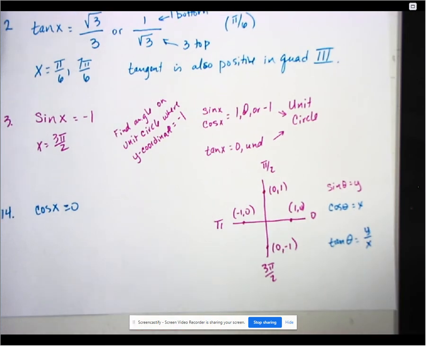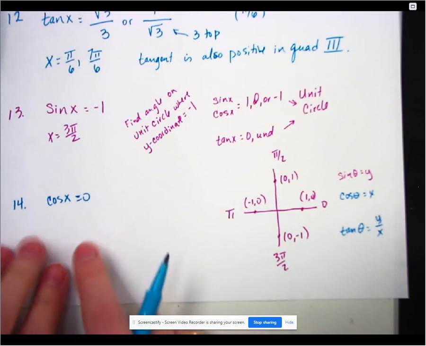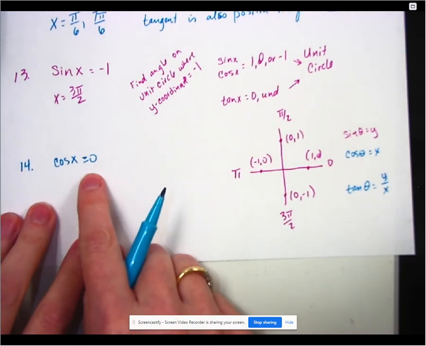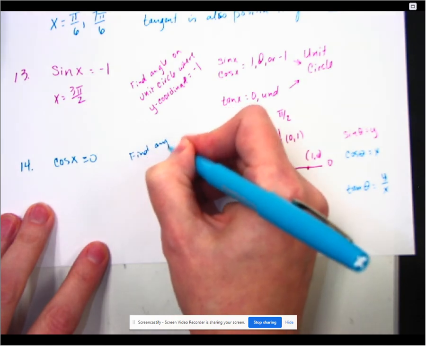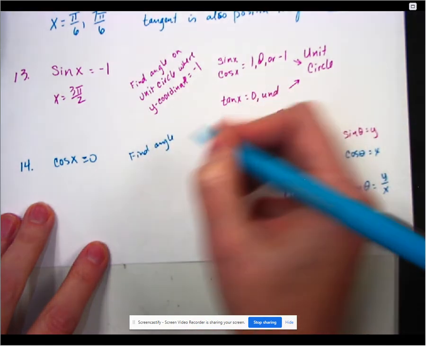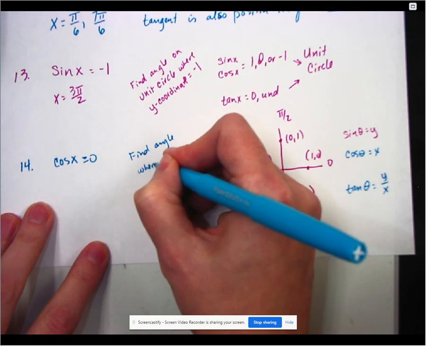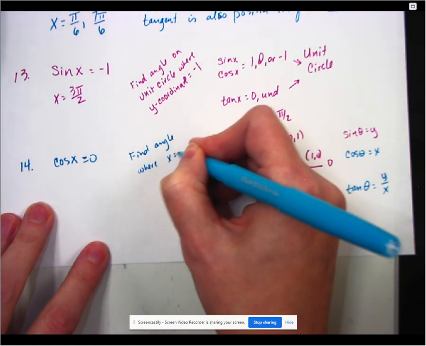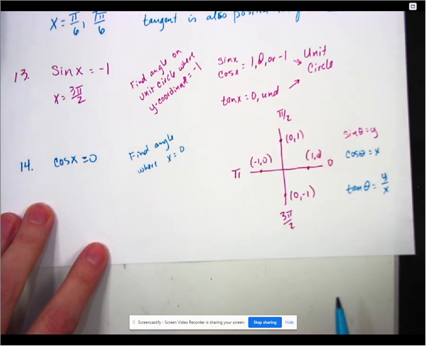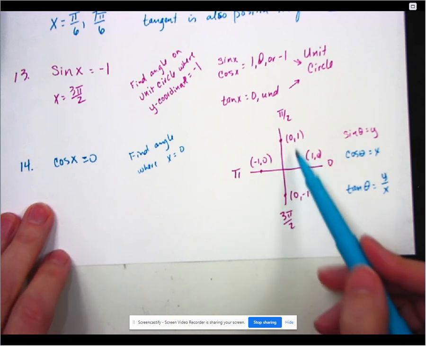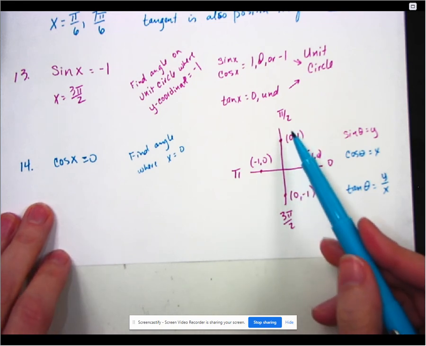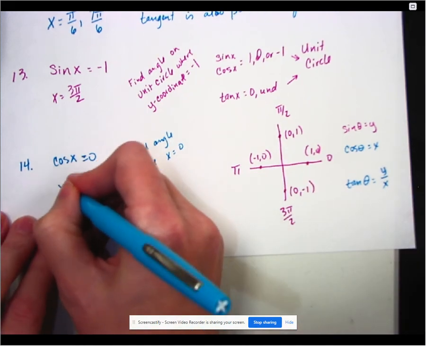In this case, we want to find an angle whose cosine is 0, an angle on the unit circle where the x is equal to 0. There are two of those, pi over 2 and 3 pi over 2.